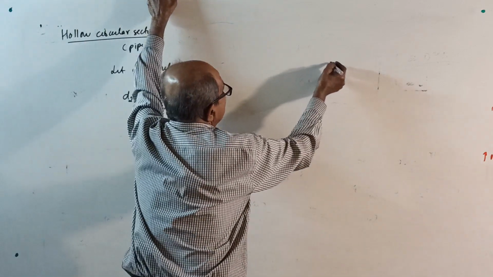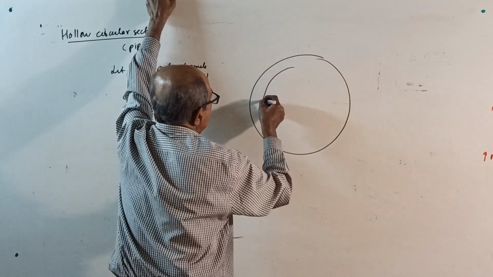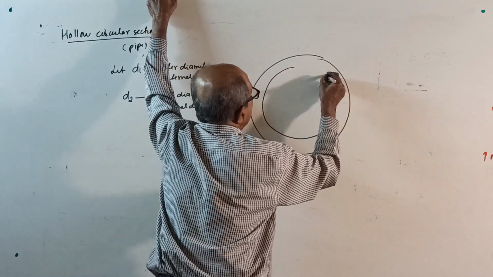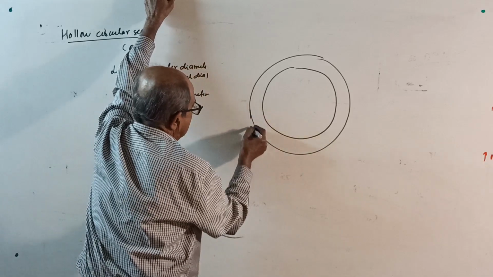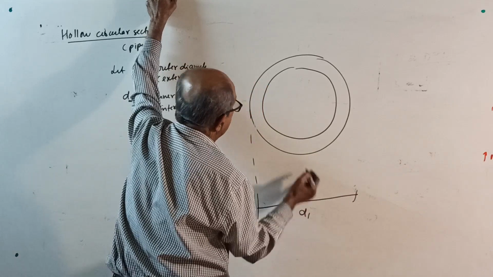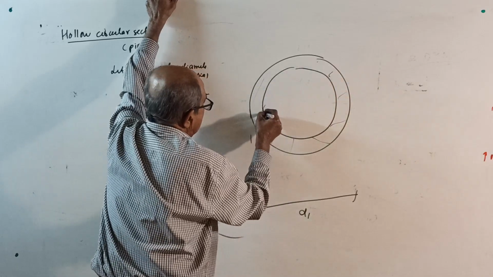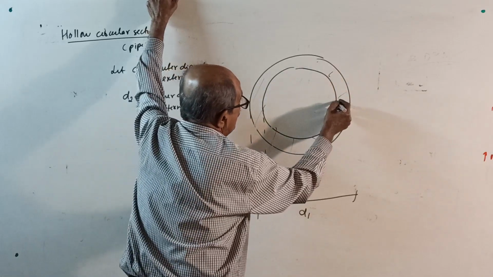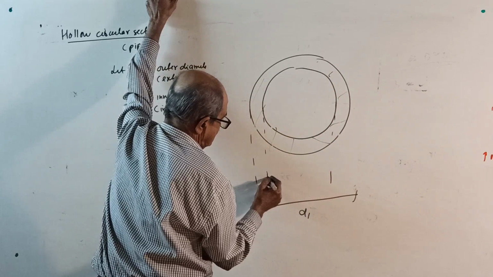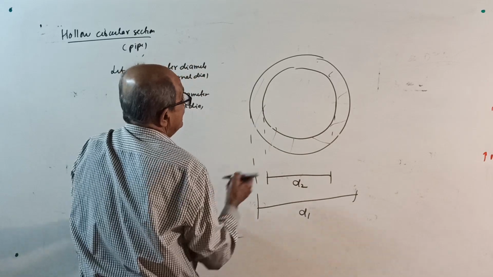That's all. What is there? First of all, see, hollow circle. I am not writing very neatly, a little zigzag I am writing. This is D1. This is your section. This is D2. That's all. This is center.